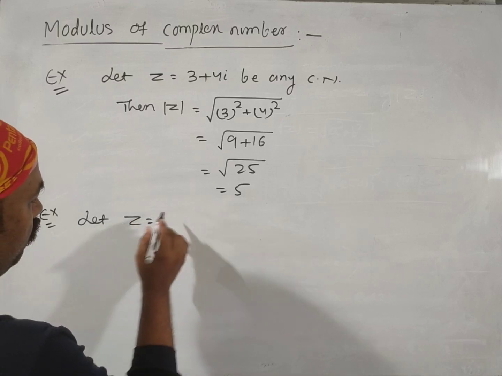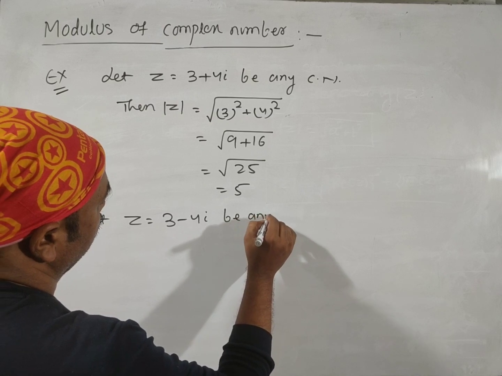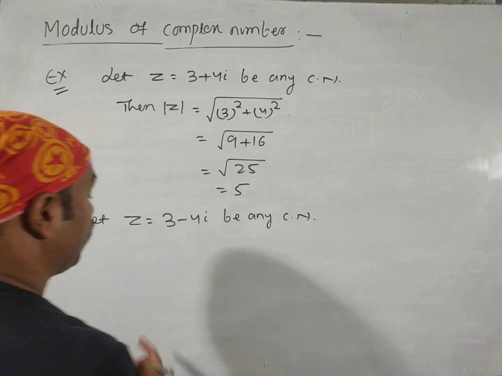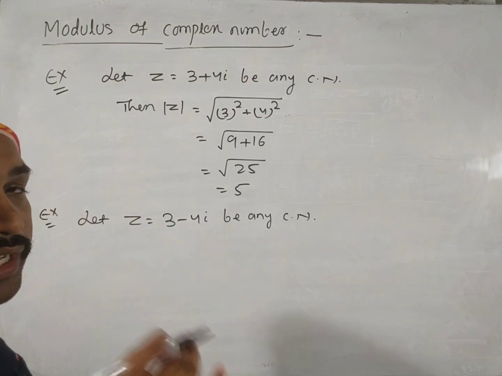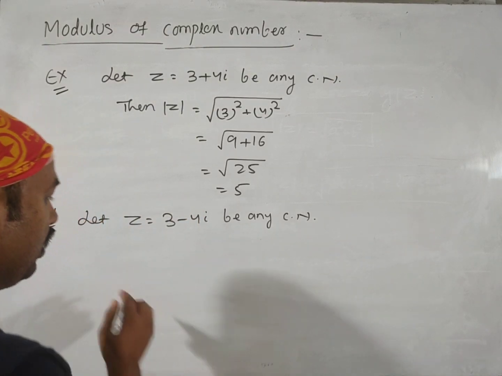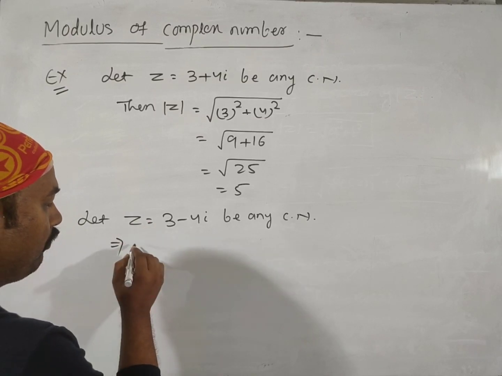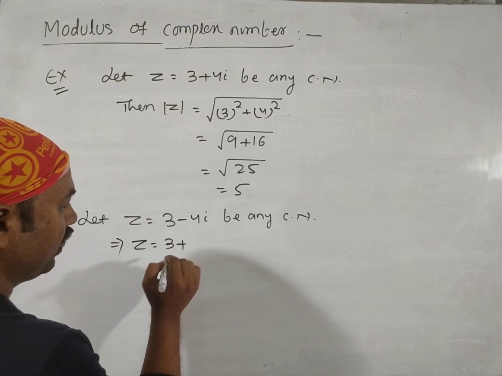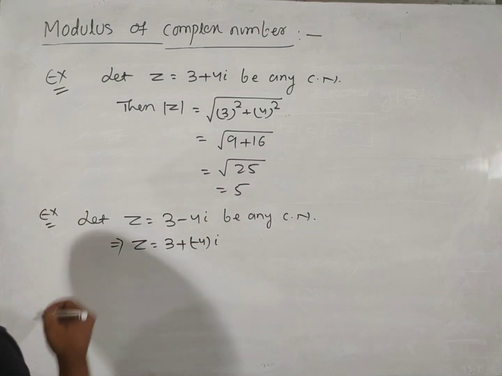let z is equal to 3 minus 4i be any complex number. First of all, we have to express the given complex number in the form of a plus ib. So we have to express this given complex number in the form of 3 plus minus 4i.